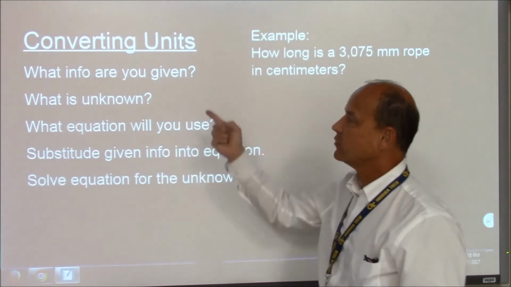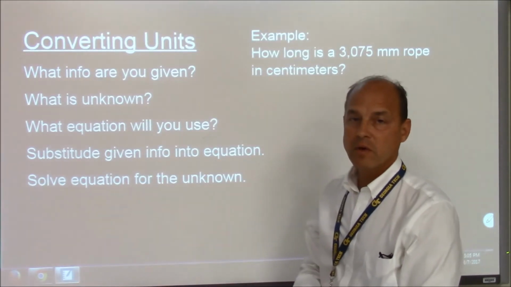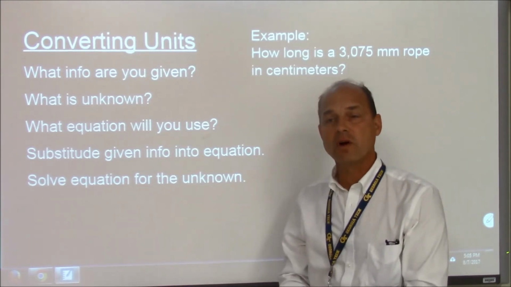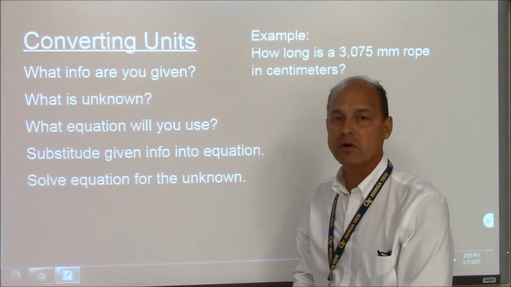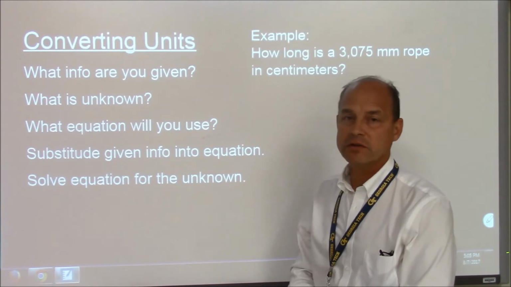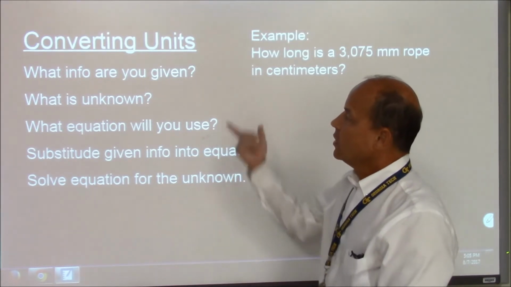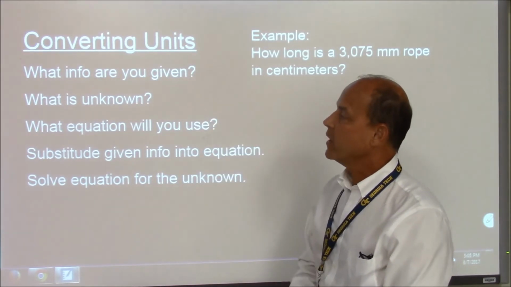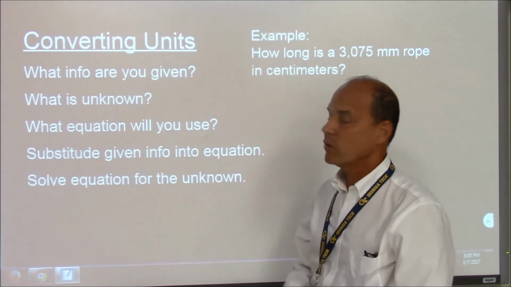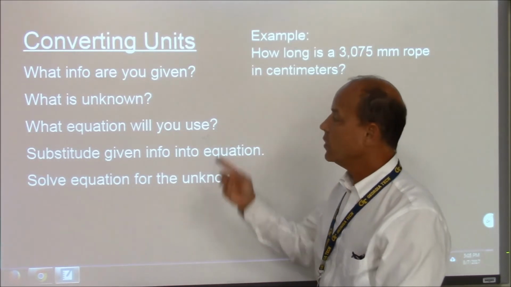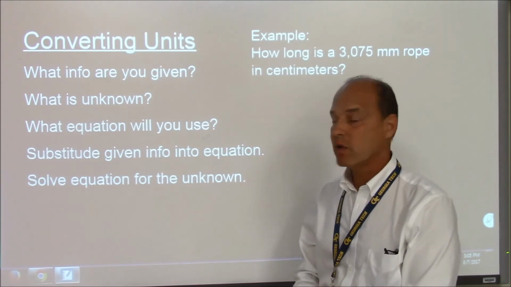This is my strategy for tackling a lot of the kind of problems that we're going to tackle in physics, physical science, and astronomy. First, you want to write down what information you are given. Then you want to write down what it is that you want to know. Then you want to write down an equation, some equation that you're going to use.